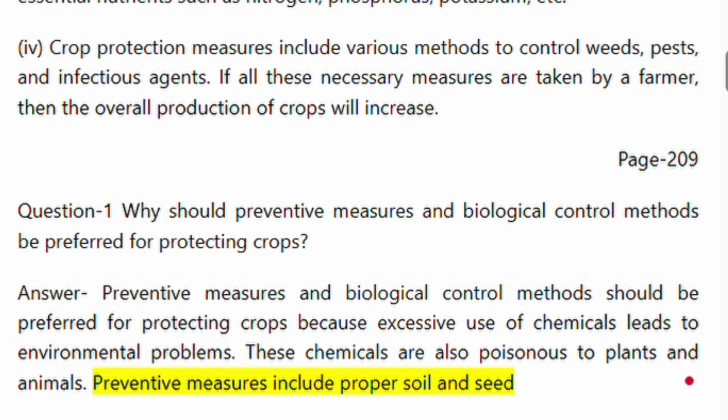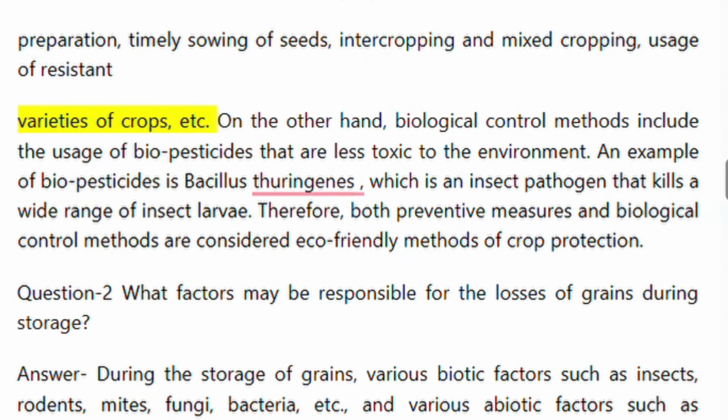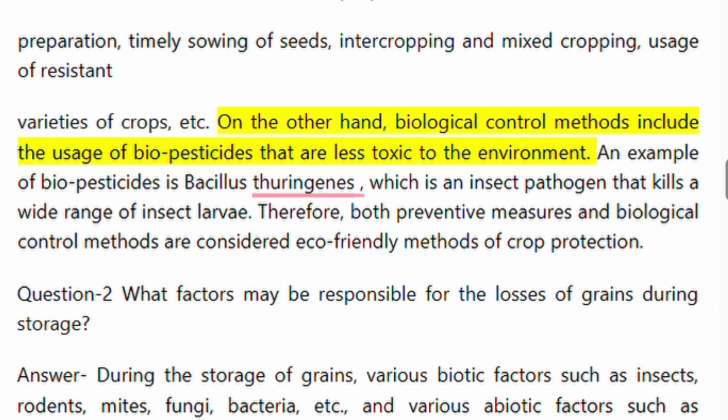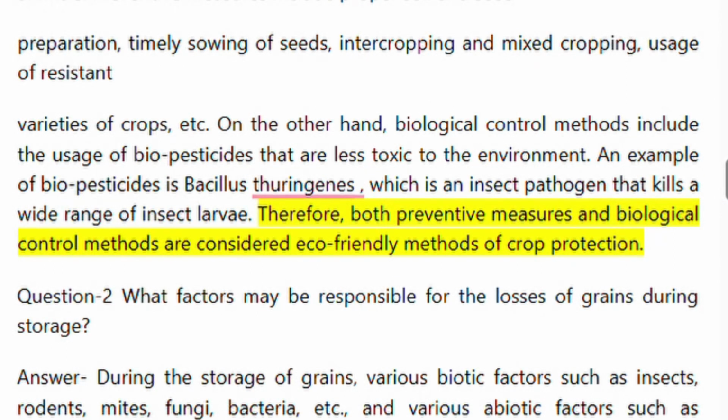Preventive measures include proper soil and seed preparation, timely sowing of seeds, intercropping and mixed cropping, usage of resistant varieties of crops, etc. On the other hand, biological control methods include the usage of biopesticides that are less toxic to the environment. An example of biopesticides is Bacillus thuringiensis, which is an insect pathogen that kills a wide range of insect larvae. Therefore, both preventive measures and biological control methods are considered eco-friendly methods of crop protection.